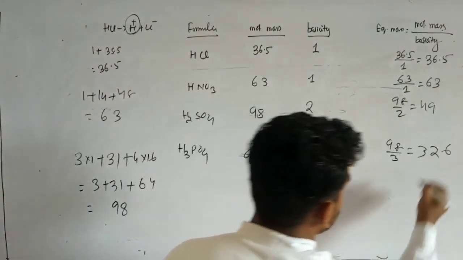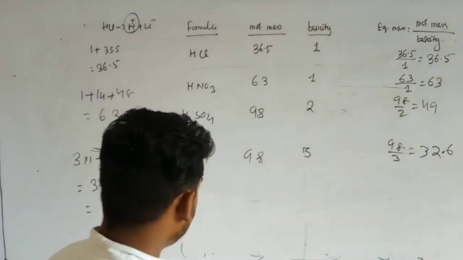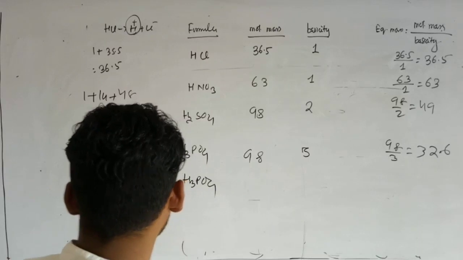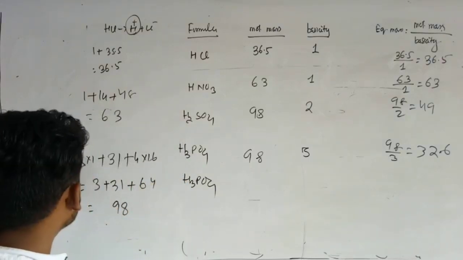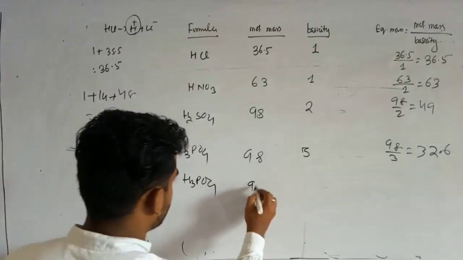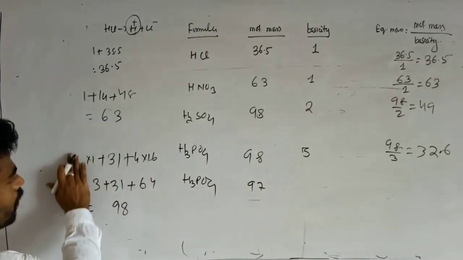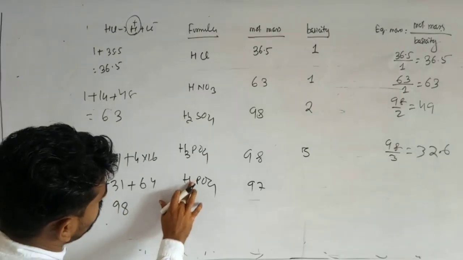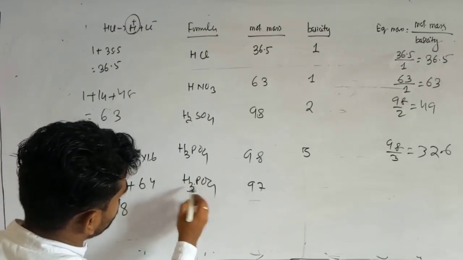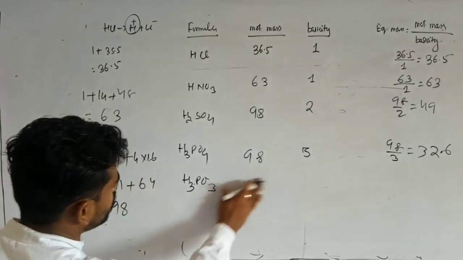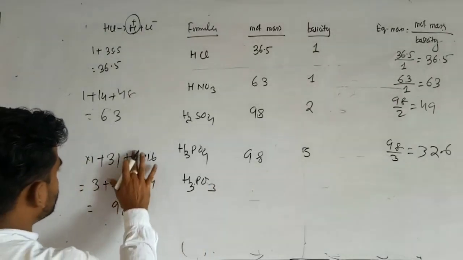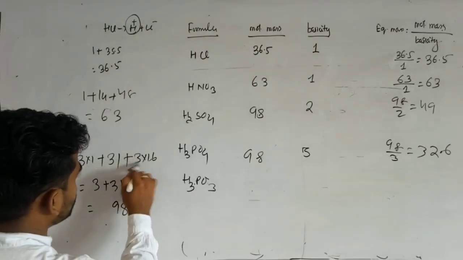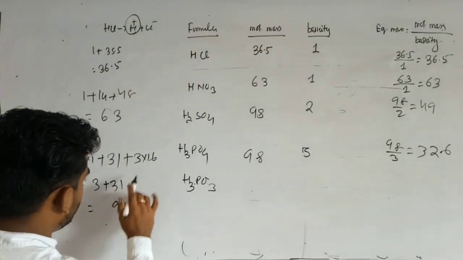Okay, 32.6. Next, if I ask you the molecular weight of H3PO3, that will be 3 into 1, 31, plus 16 into 3, so 48.